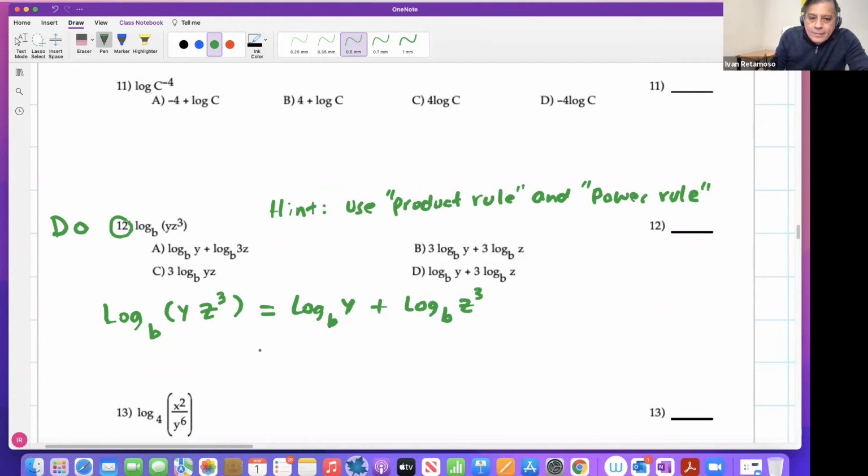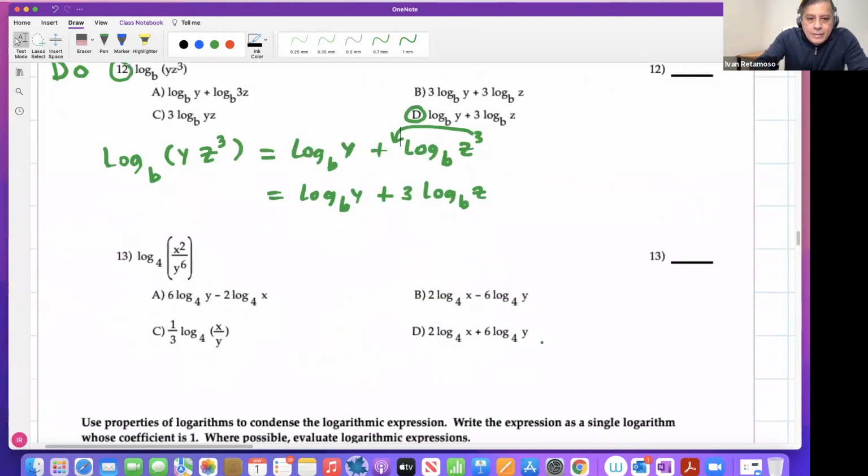Now, based on the power rule, the second component becomes 3 times log base b of z. So that is precisely what we have here. Great, excellent. Can you try this one? It's going to help us again with solving our equations next.